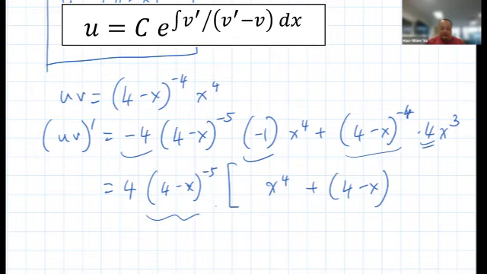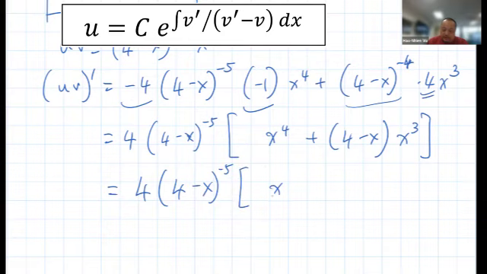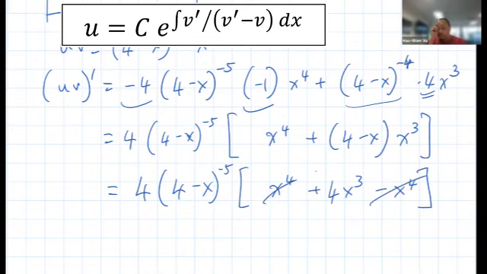Okay, you can double check. This to the power negative 5 times this to the power 1 is the same as the power negative 4, and x cubed. Most of you probably are not familiar with factoring out a negative power, so you may want to multiply it back in to make sure that I factored correctly. Now let's simplify this. X to the 4th plus 4x cubed minus x to the 4th. Oh, look, these cancel.